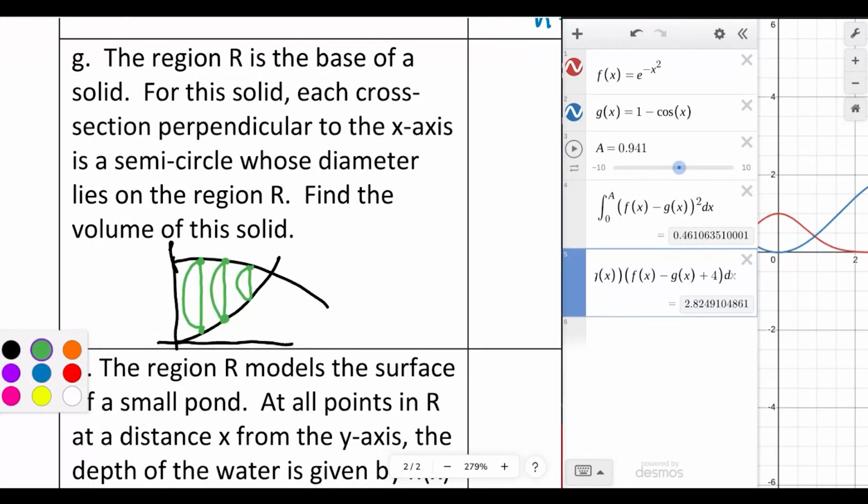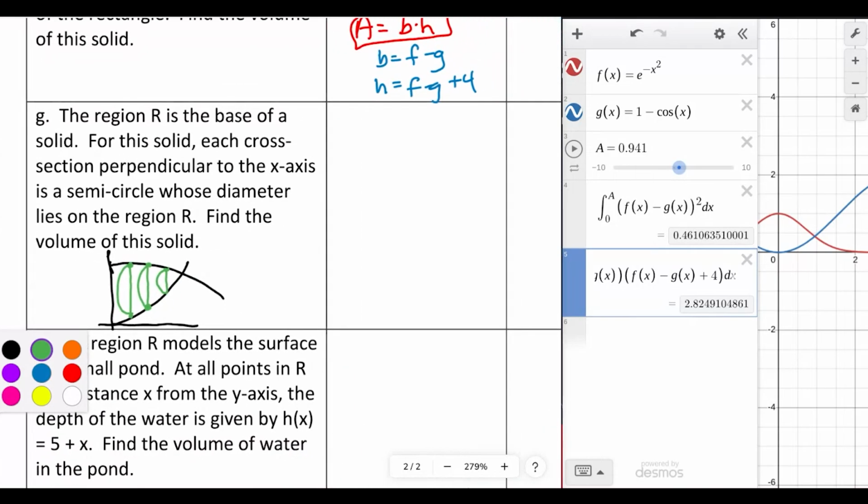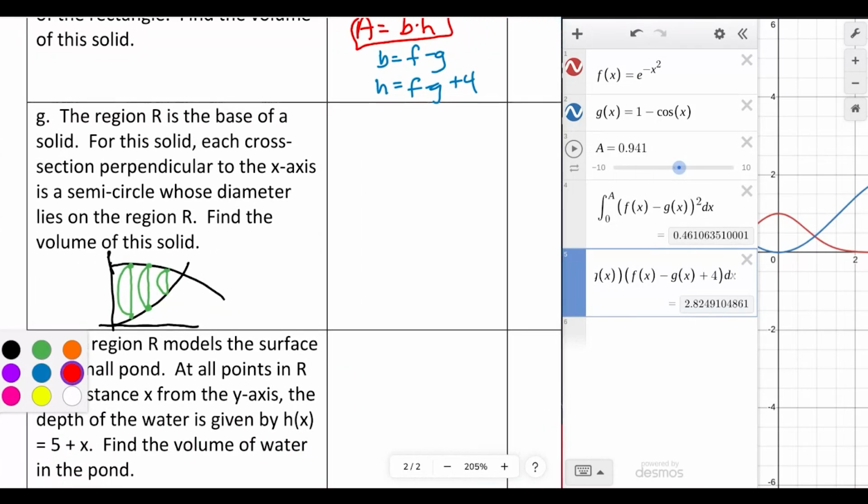It's a little hard to tell, but they're going either into or out of the page. It doesn't matter which direction. In other words, this should be half of a circle. So the cross section here is a semicircle.